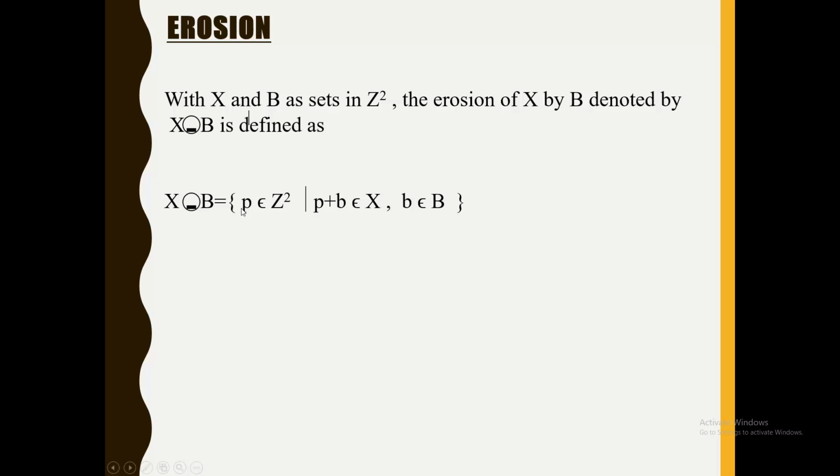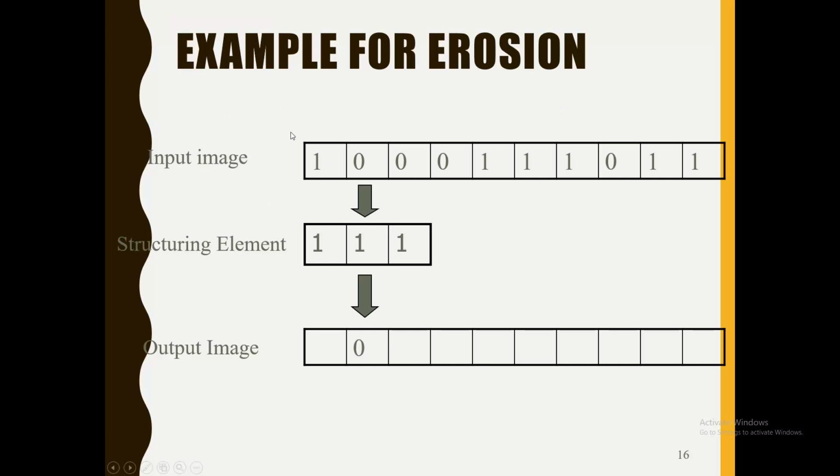for every value of p that is an element of Z square, meaning image space, such that p plus b is an element of X, where small b is an element of capital B, the structuring element, and X is the original image. Now I am going to explain with this example.